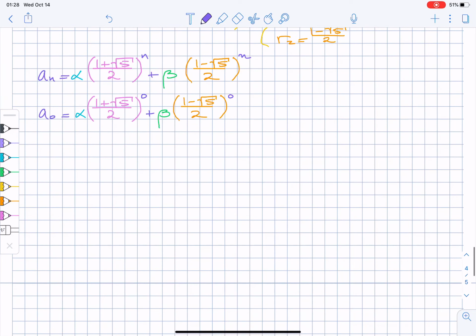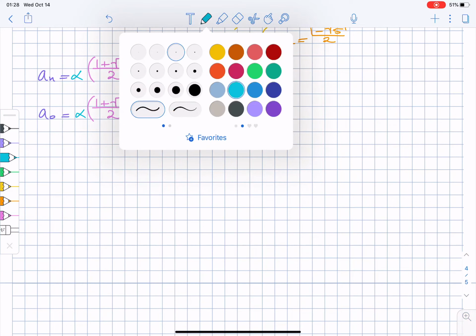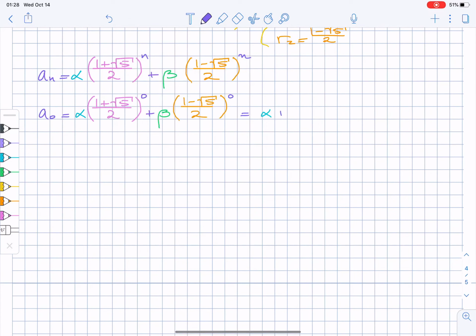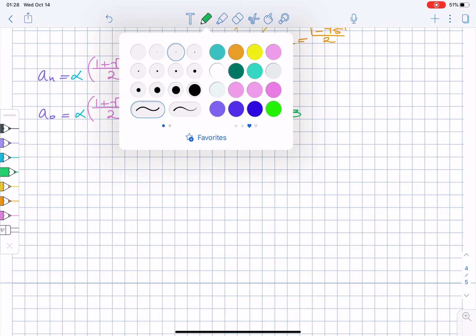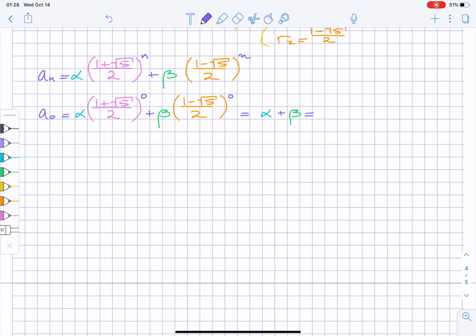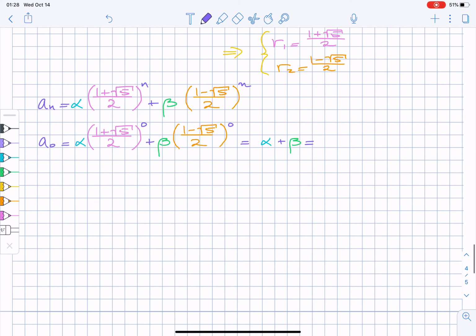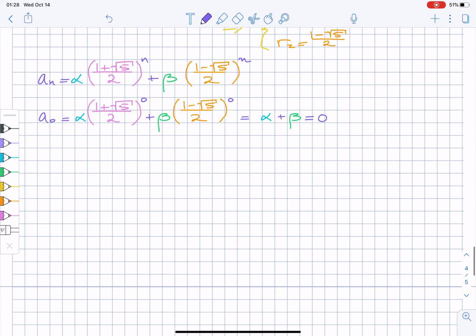What is that when simplified? This is actually alpha times 1 plus beta times 1. And the first term of the sequence was given as 0.